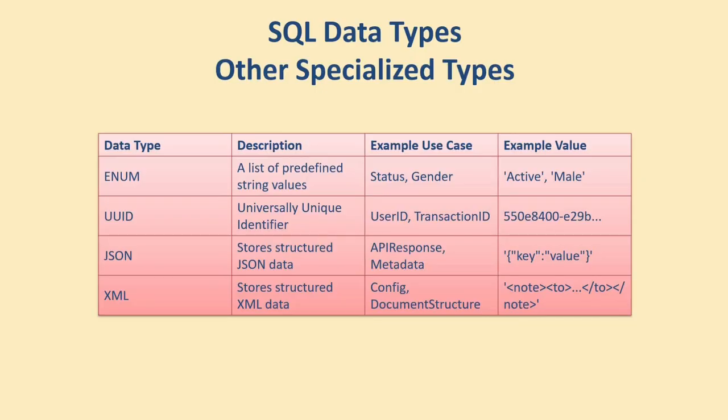We have JSON, special type of variables, JSON files. We have also XML files, configuration documents, document structure on the web. So these are special types of variables.